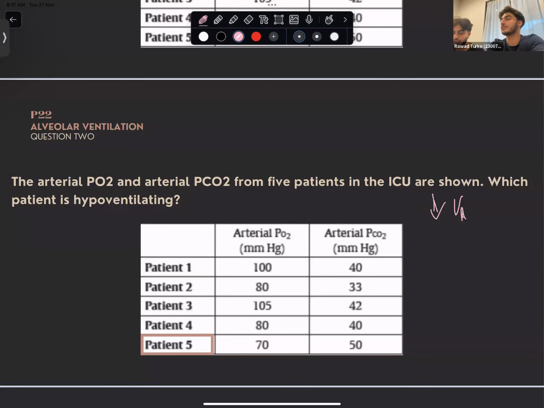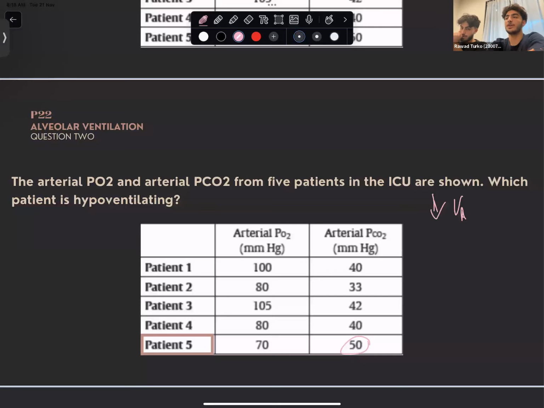Since we have a decrease in alveolar ventilation, the first thing to think about is that, as the doctor emphasized in the lecture, what happens to carbon dioxide happens first. So when this person is hypoventilating, we have high PCO2. What's the cutoff? When we know PCO2 is high, what's the number?